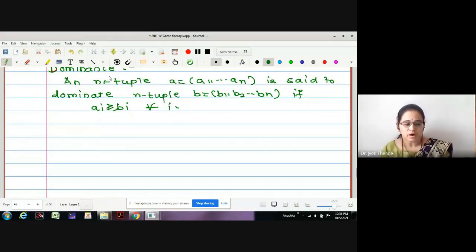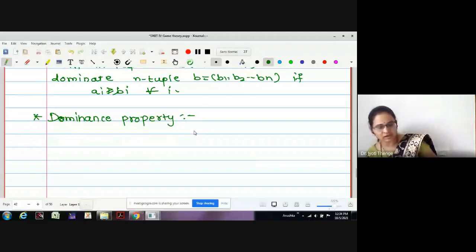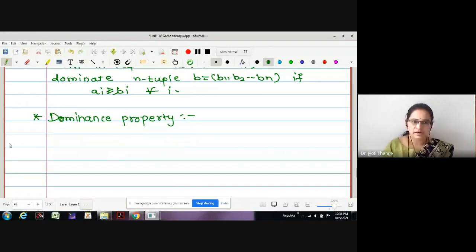Now we are going to study the dominance property. There are two properties actually. First, we will go for the dominance property, then we will go for generalized dominance.